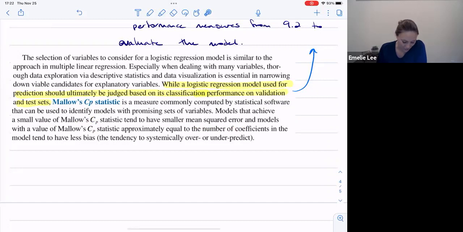But then models with a value of Mallow's Cp, now you'd have to get R to give you the Mallow's Cp, but if it's roughly equal to the number of coefficients in the model, then you're going to have less bias, right? And that's a good thing too. So a kind of a trade-off situation once more. Okay.